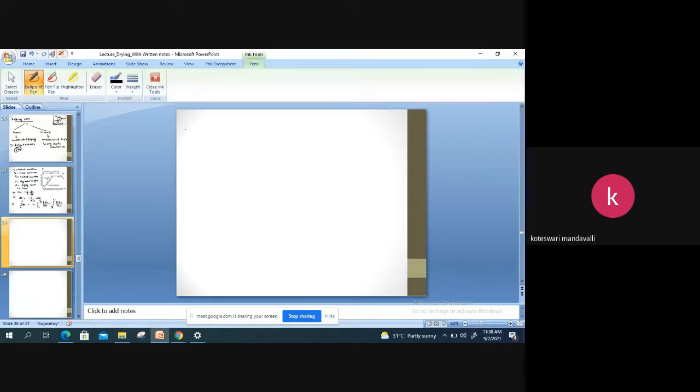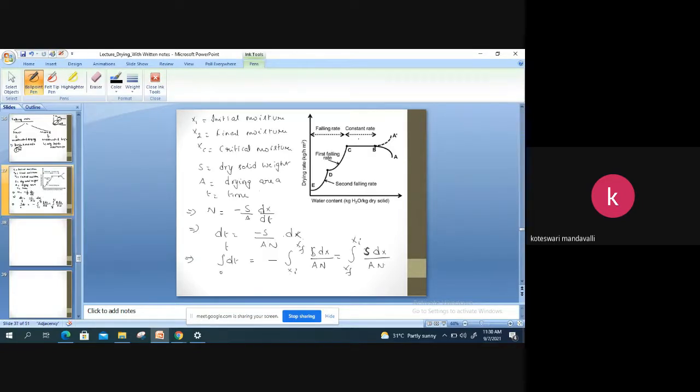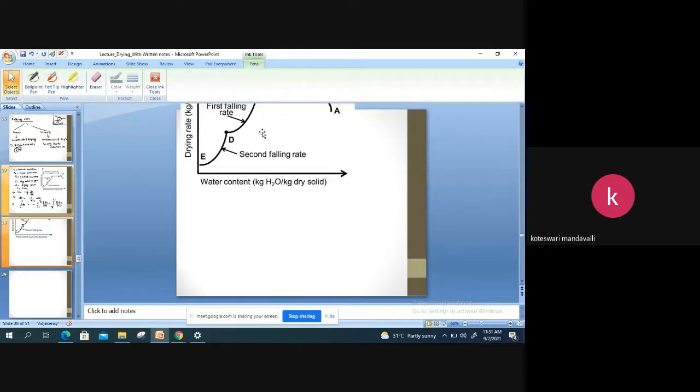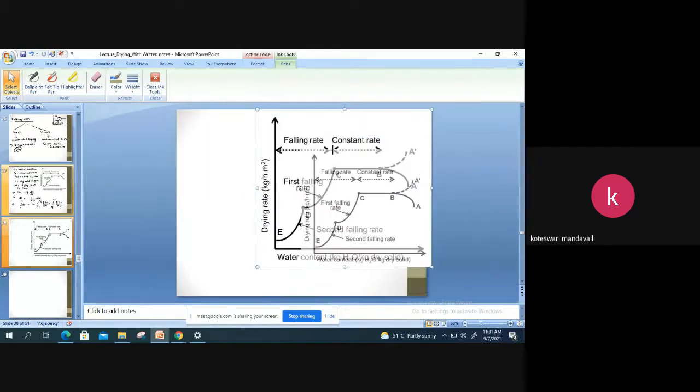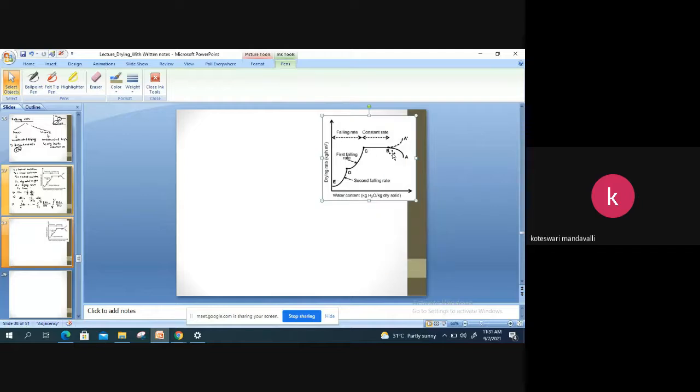I'll copy this image again, because this image is required for our calculation. So what is the equation you have? The integral from 0 to t of dt is equal to the integral from xf to xi of S into dX by A N. Okay, this is the formula we have.